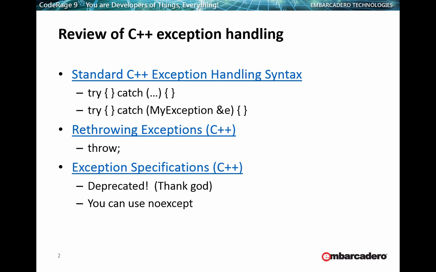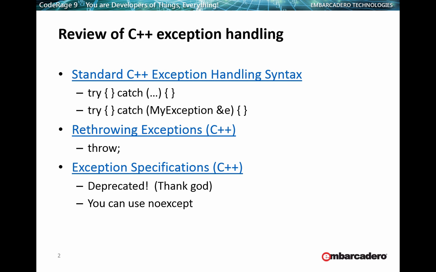So, I'm going to give a very brief review of some of the syntax for C++ exception handling. The standard C++ exception handling syntax is try and catch. There were some extensions in the Win32 land for try, except, finally, and we're not going to be supporting try and except so much in the mobile spaces.